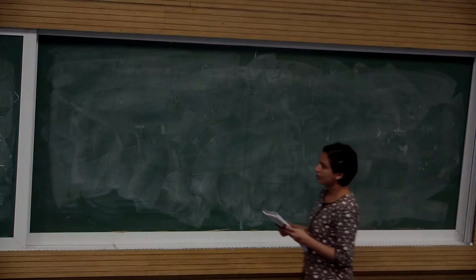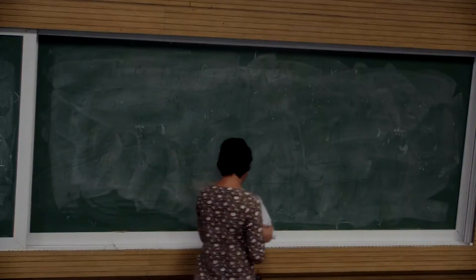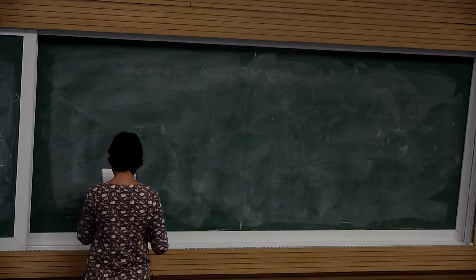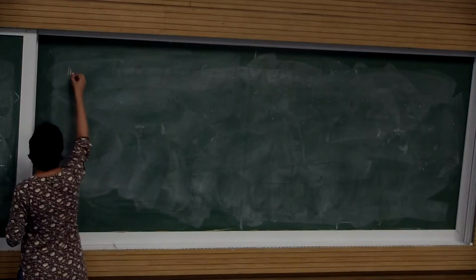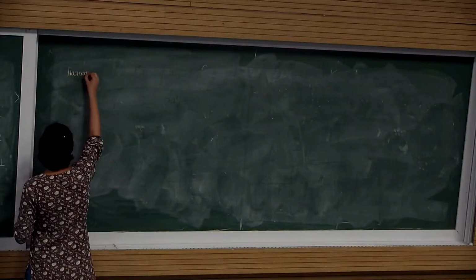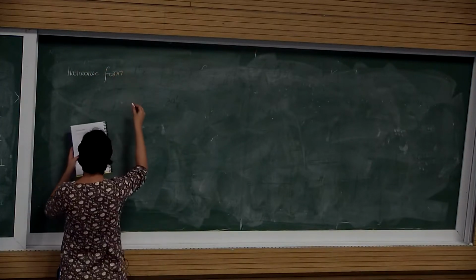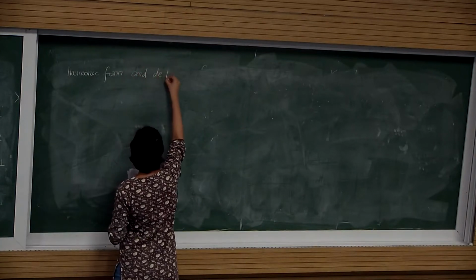Okay. So now the last, or maybe second last again. So there is a kind of isomorphism between harmonic forms and de Rham cohomology.